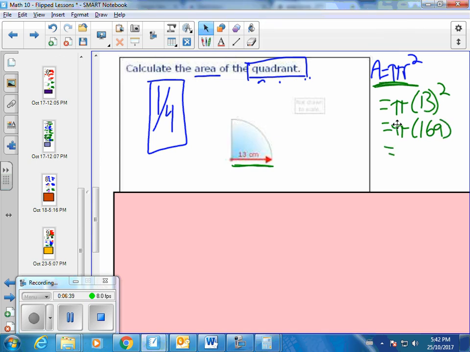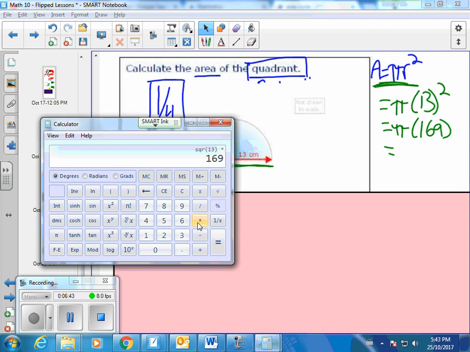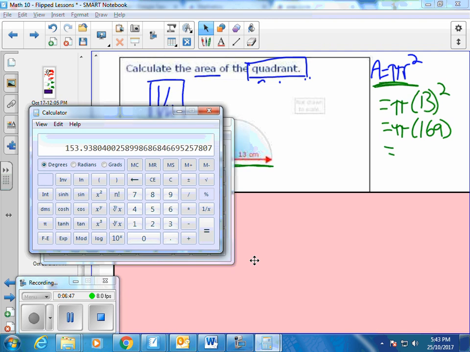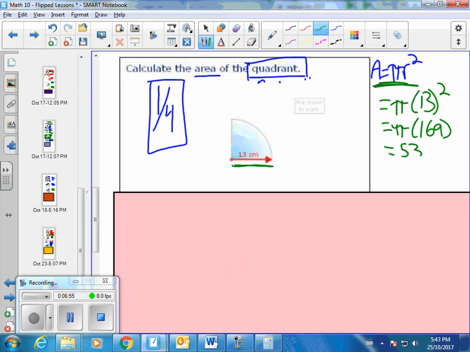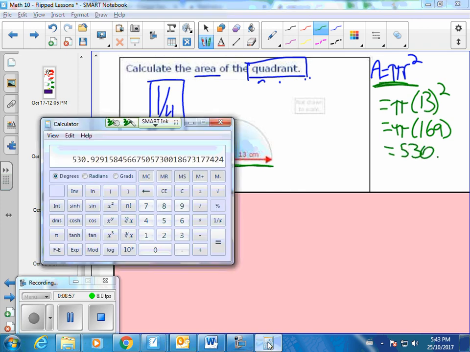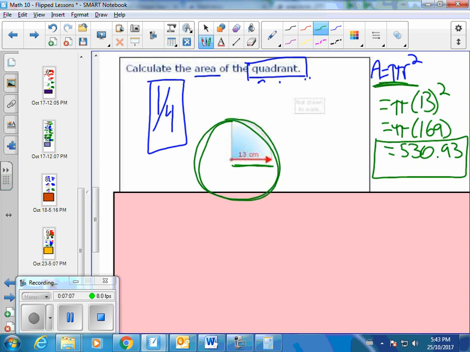Times pi equals, 530.93. This is the area of the imaginary complete circle that we don't actually have.